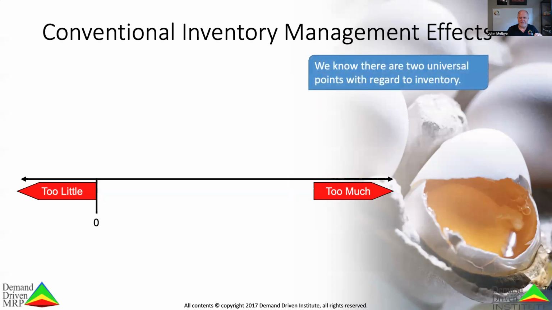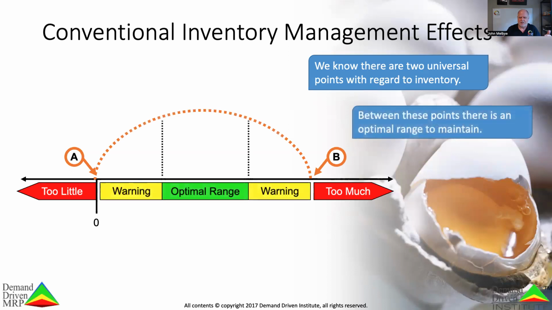Point A, where we have too little, and point B, where we have too much. It kind of stands to reason, maybe it's fairly obvious. Where do we want our inventory to be? Well, we want it right in between those two points. Between those two points, there is some location that is the optimal range of inventory that we need to try and maintain.